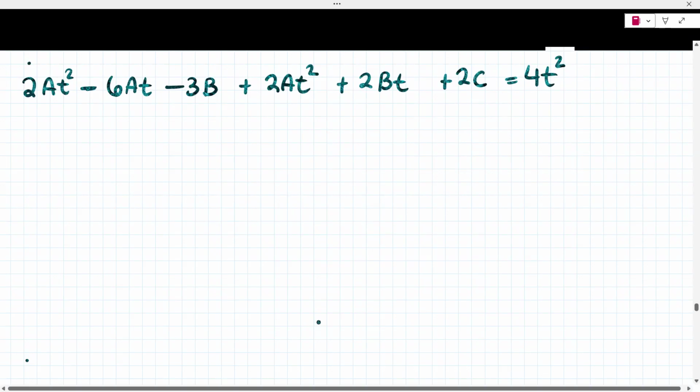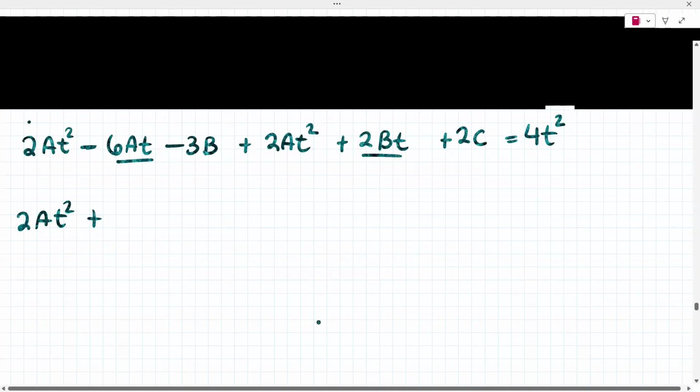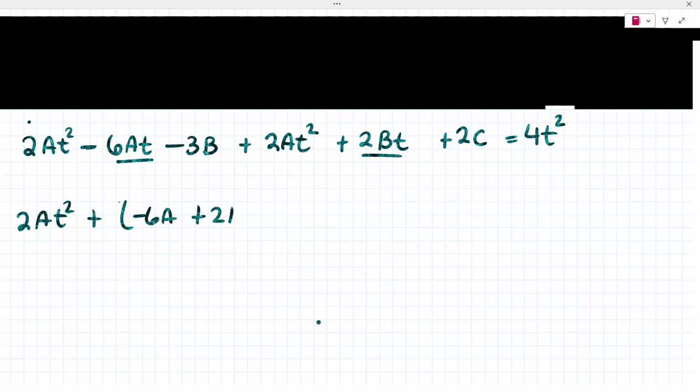So when you collect like terms, it's going to be 2at squared plus, collecting anything with the power of 1, you could take out 1t, so that would be negative 6a plus 2b times t, plus then if you collect the coefficients with the power of 0, it's going to be plus 2a minus 3b plus 2c. And then that equals 4t squared.